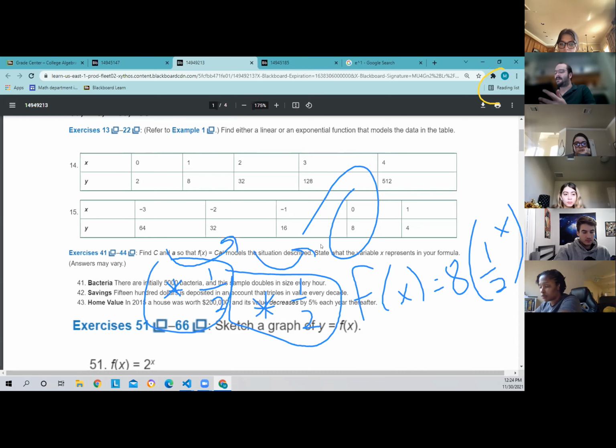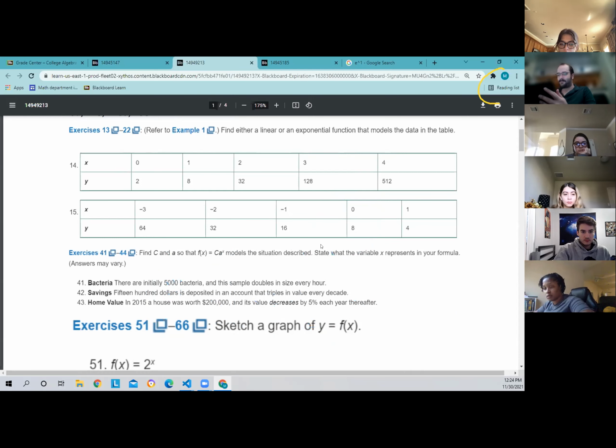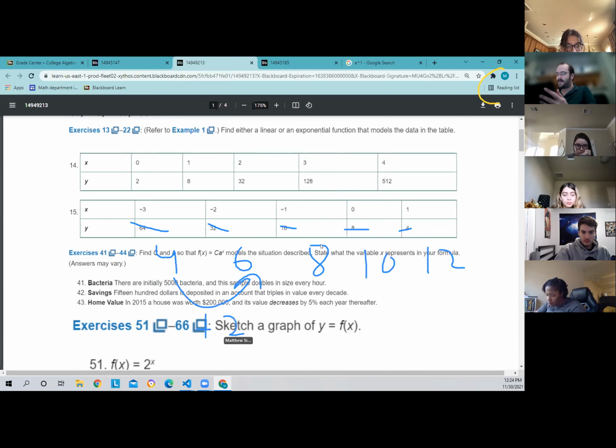Adding or subtracting is linear. If I have 4, 6, 8, 10, 12, each time I'm adding 2, right? Something like this would be linear. So you have to look at what the operation is. How is that y increasing or decreasing?